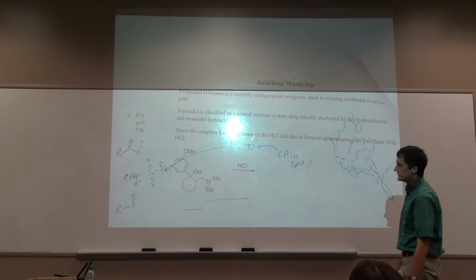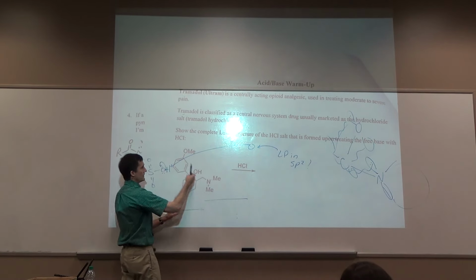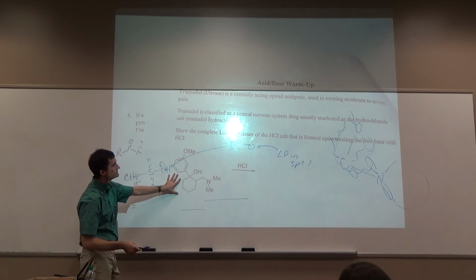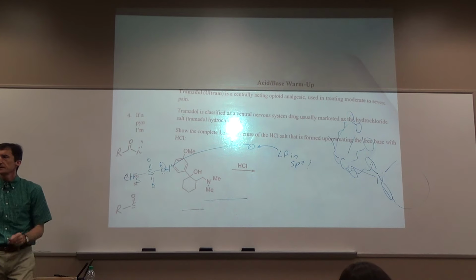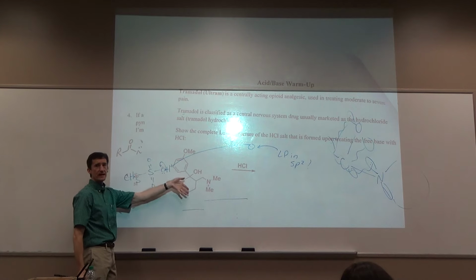And the one over here is easier because obviously that's an acid. What's the most basic atom? It's the one in like the first or second page. There's only one basic atom in this molecule.